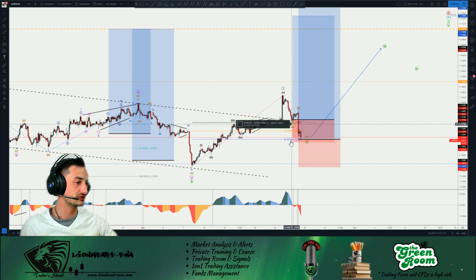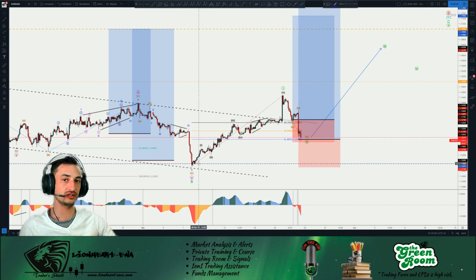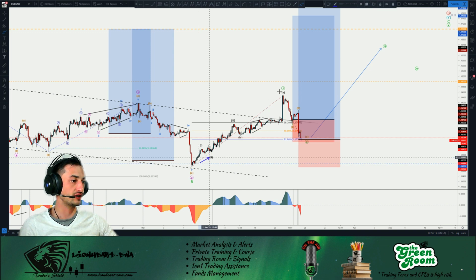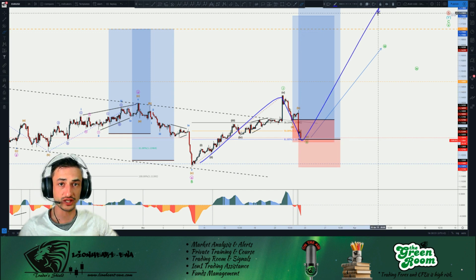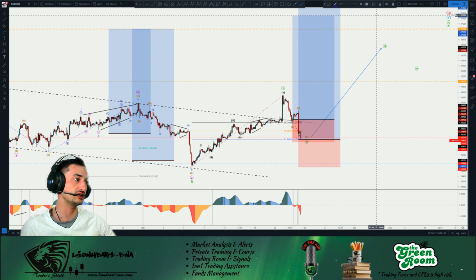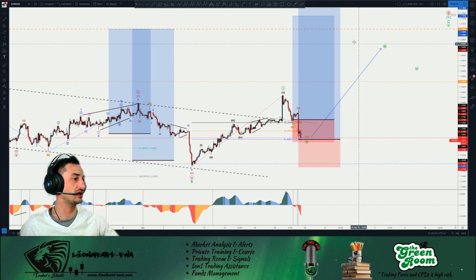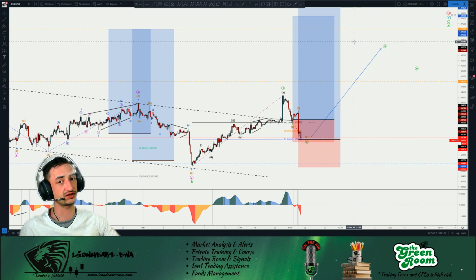Now, how I'm labeling Euro USD is in a potential impulsive wave, in a C wave, in a minor C degree, for a wave 1, and then wave 2 correction, a sharp correction, which means that the rally should be expected to be quite big. So guys, don't lose faith in the euro because it could surprise for the upside, okay?